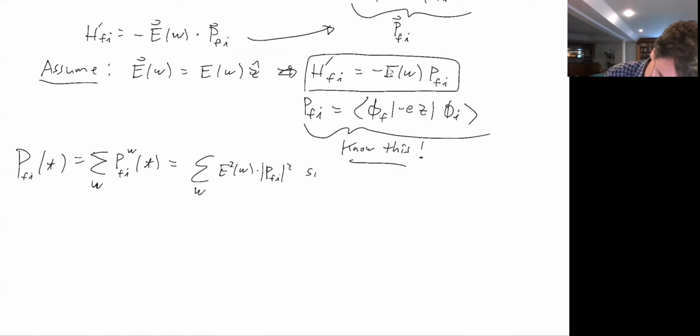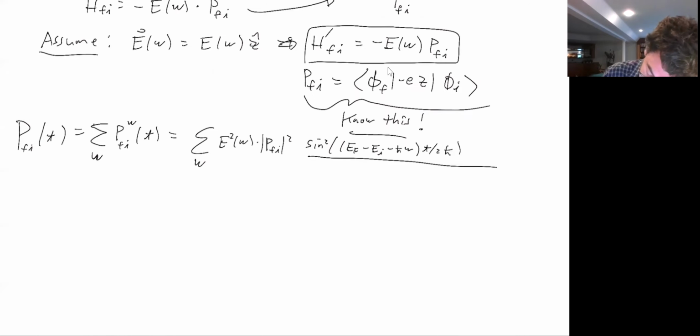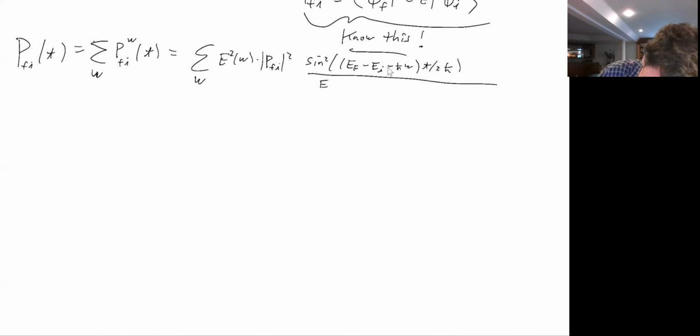And then I have to multiply times that sine function, sine squared of (E_F minus E_I minus h bar omega) times t over 2 h bar, over (E_F minus E_I minus h bar omega) quantity squared. Okay, so that's it.